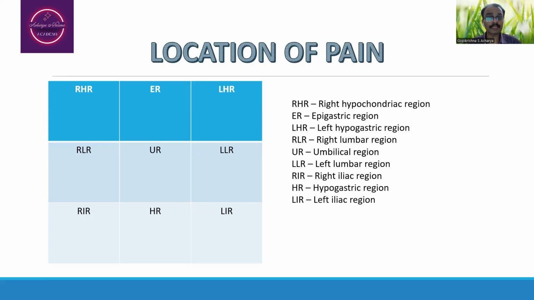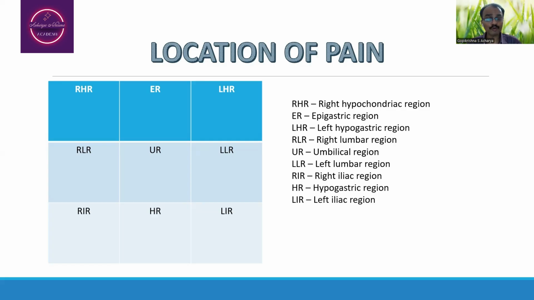For example, if the person is having pain in the epigastric region, we may think the probable site of the lesion may be the stomach or esophagus, that is the lower end of the esophagus, or pancreas or liver.